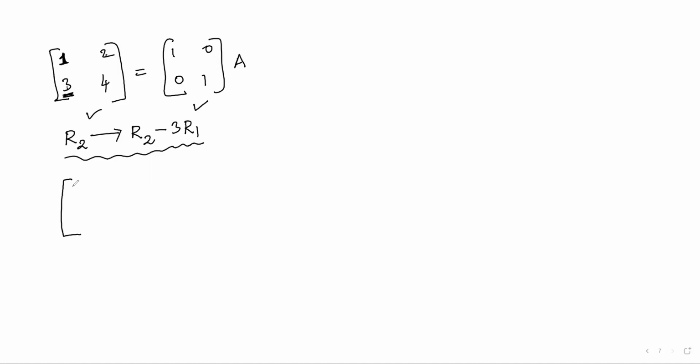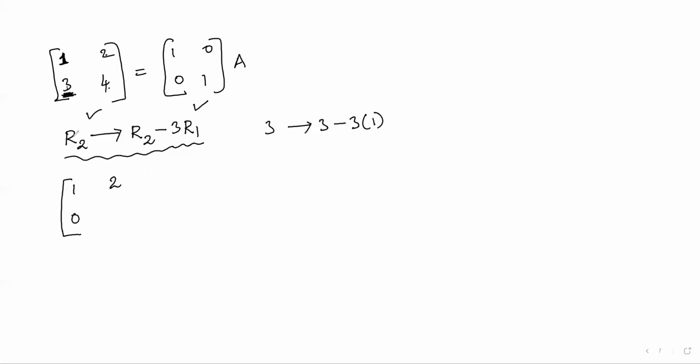Now R1 is not changed, 1, 2 same, but R2 is changed. R2 means this 3 and 4. Now this 3 becomes 3 minus 3 times 1, that is 0.